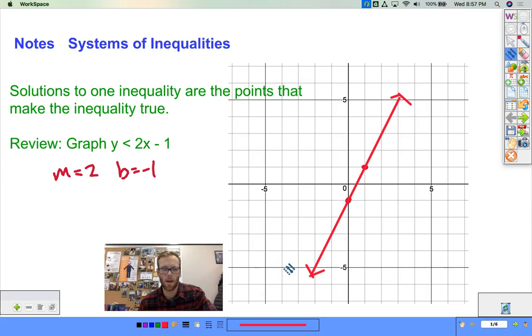But as I just graphed that, I realized that I have to think about something that I didn't think about yet. Look at this inequality. This is less than, which means we need to take our line and make it dashed.